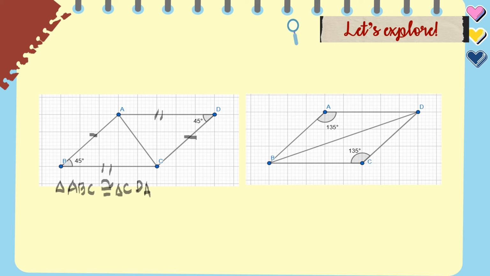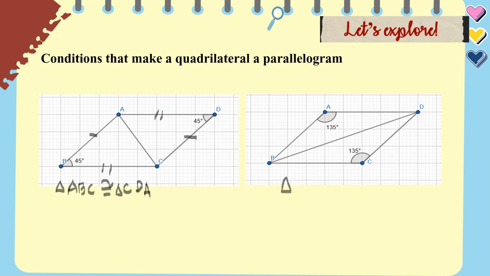The other diagonal BD also divides the quadrilateral into two congruent triangles. We can say by SAS also, side-angle-side, that triangle BAD is congruent to triangle DCB.